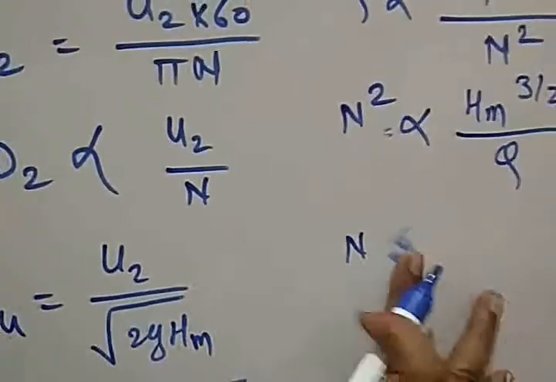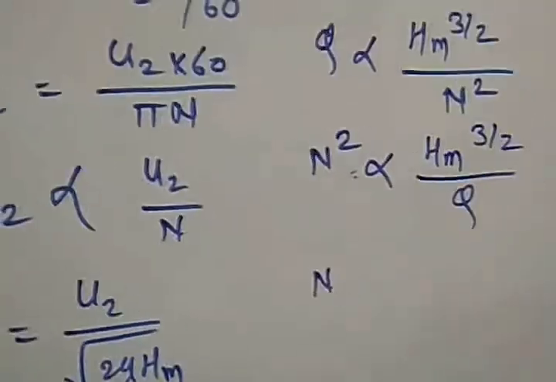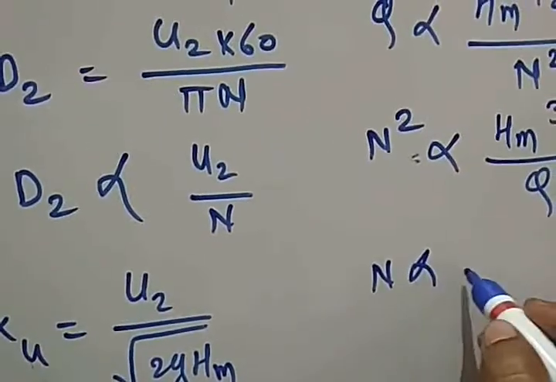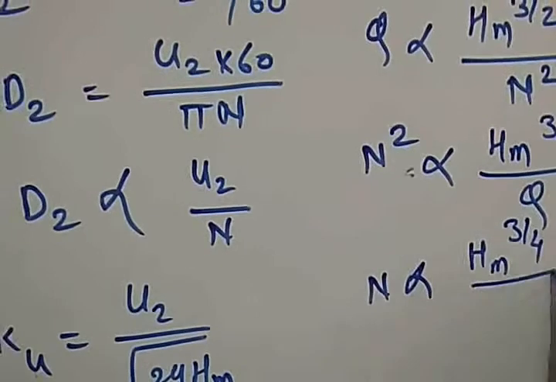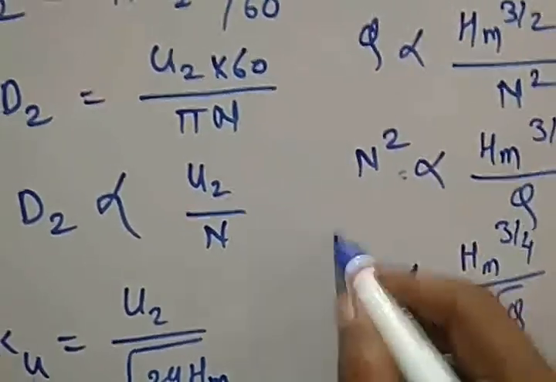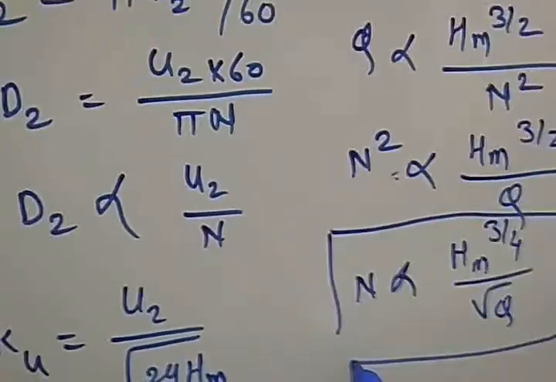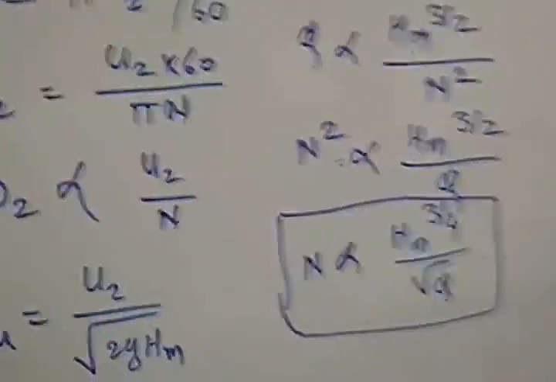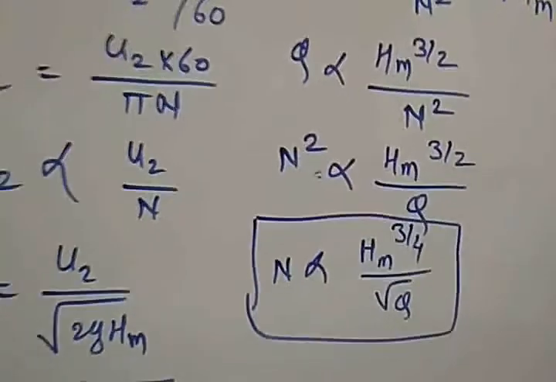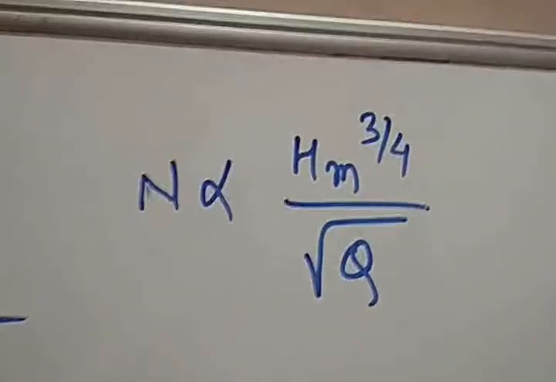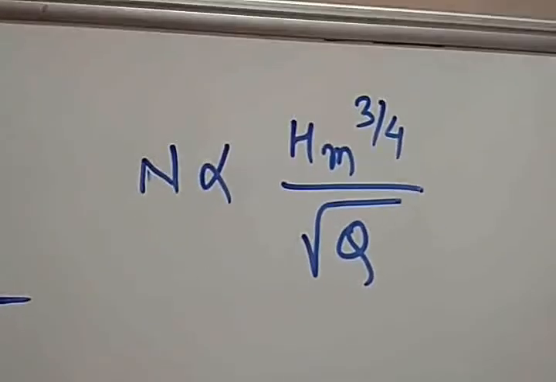N is proportional to hm raised to 3 by 4 under root of q. So this is what the speed n is proportional to: hm raised to 3 by 4 upon root q.